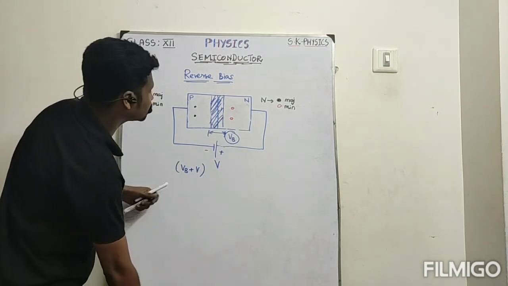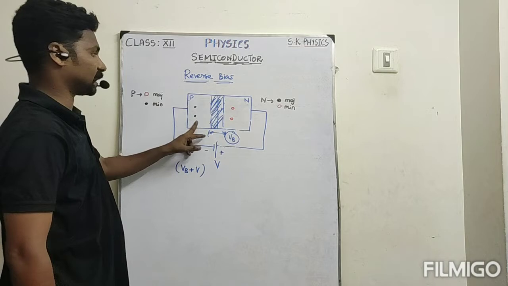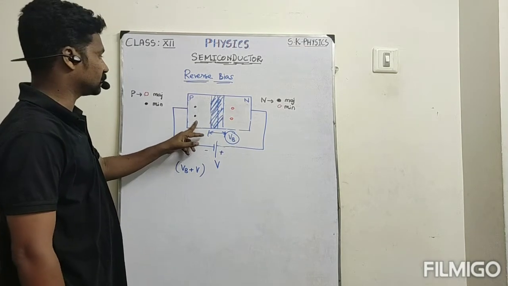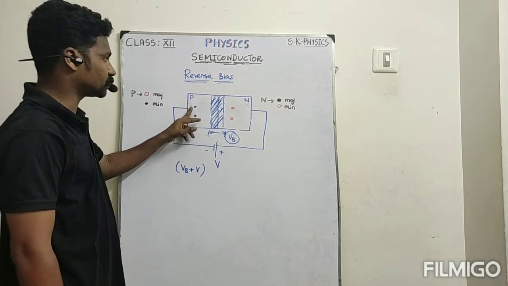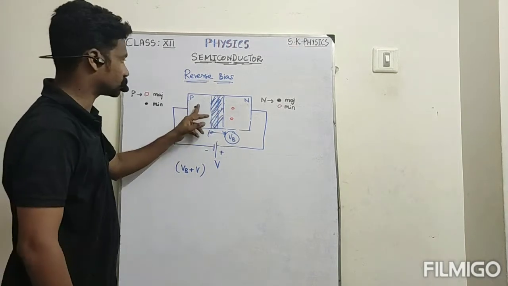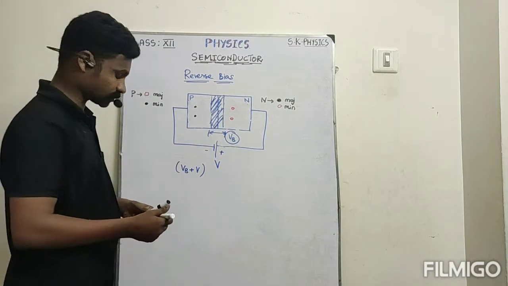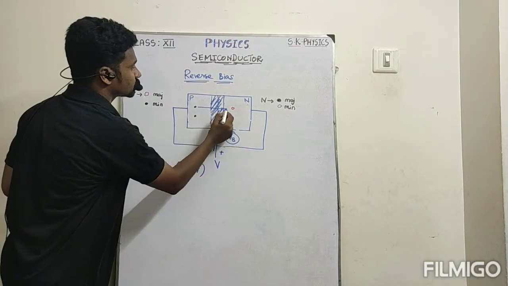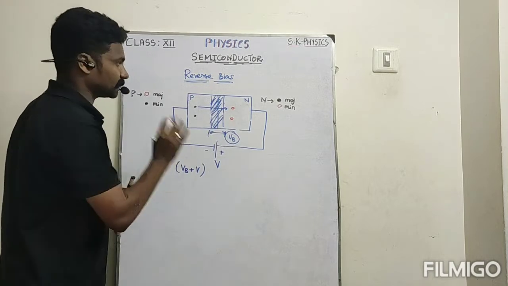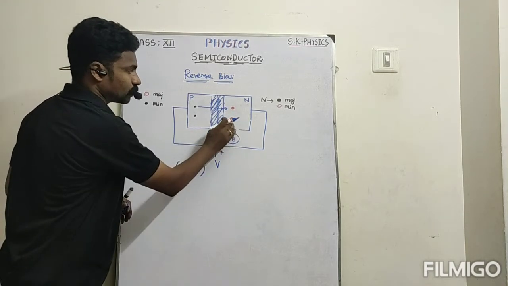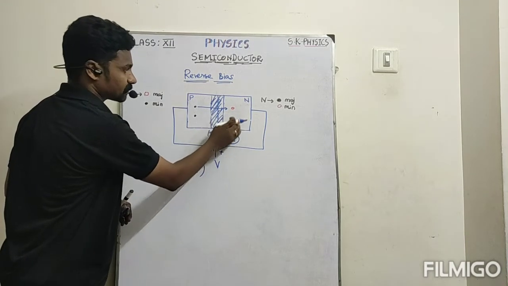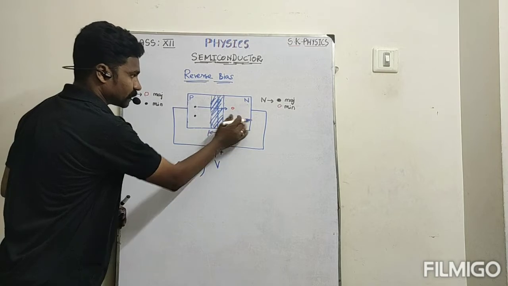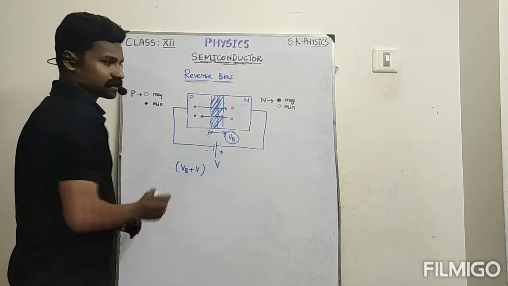So now in this circuit, these minority carriers, that means the electrons from the P region, move towards the N region. Like that, the holes, which are the minority charge carriers, from the N region move towards the P region.